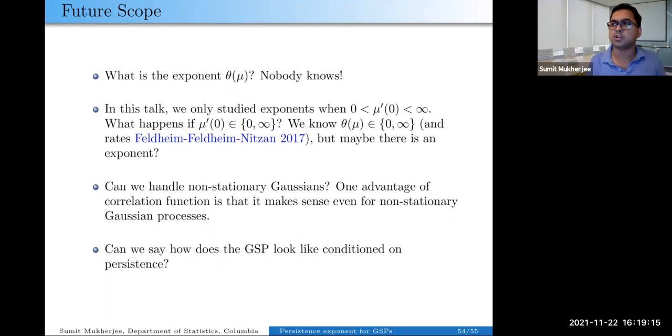We can try to look at the empirical process, or we can look at the endpoints, or we can try to look at finite dimensional marginals of the conditional process. But in general, what can we say about this conditioned process? I believe for the empirical process we may be able to say something, but this is not work in progress at this point, but it's something that we plan to think about in the future.